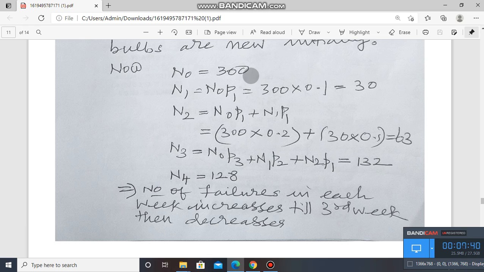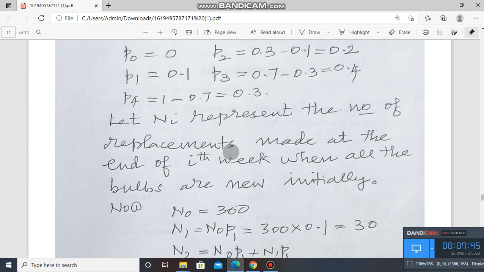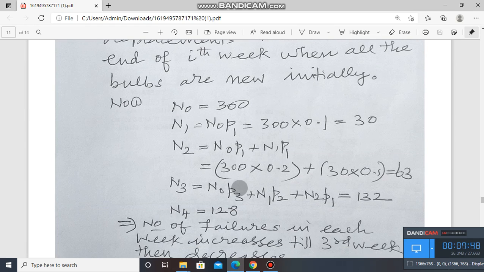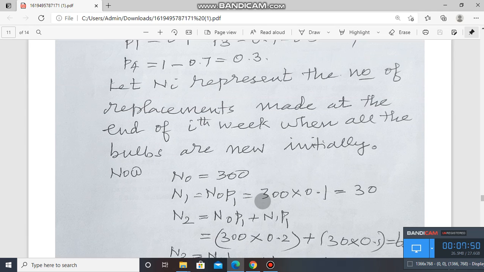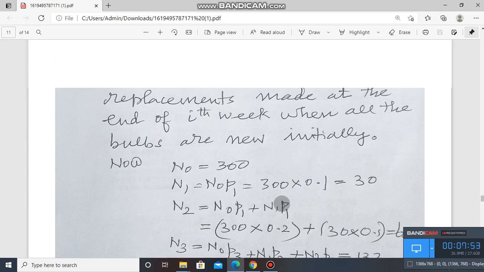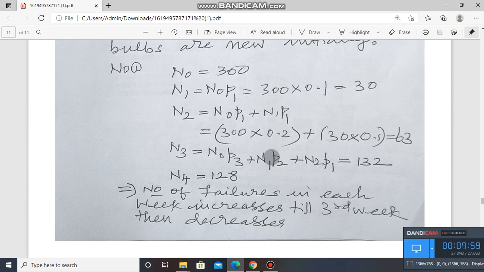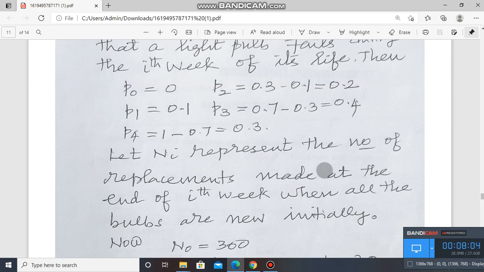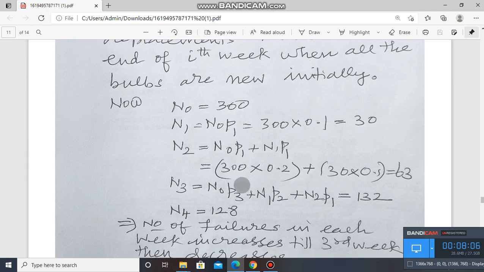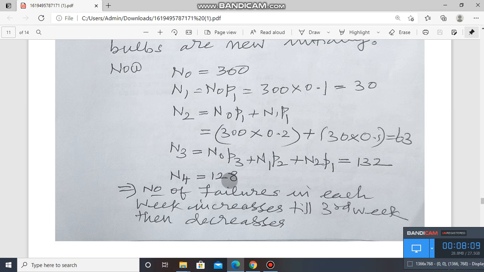Substitute those values: N0 is 300 into P3, which is 0.4, plus N1, which is 30, into P2, which is 0.2, plus N2, which is 63, into P1, which is 0.1. If you multiply and add, you will get 132.